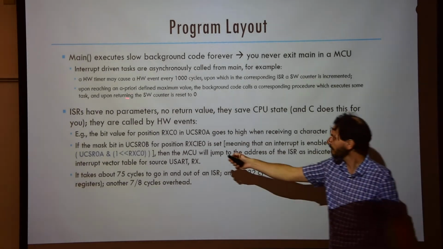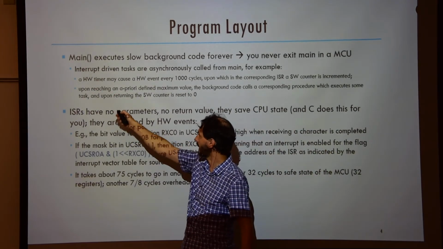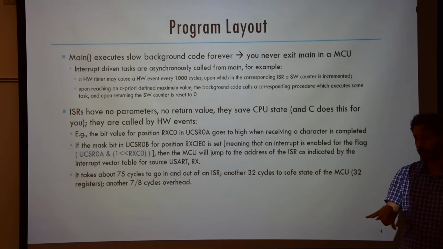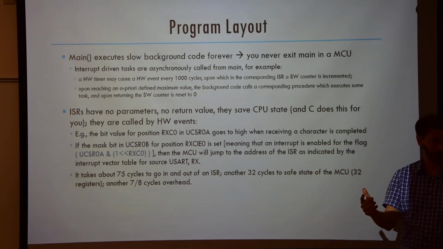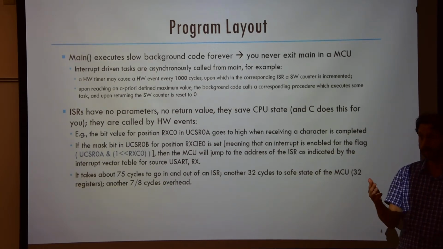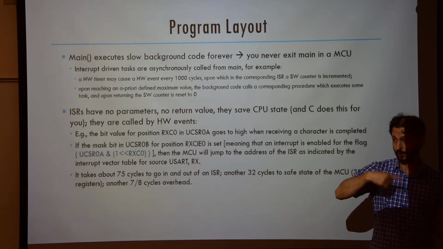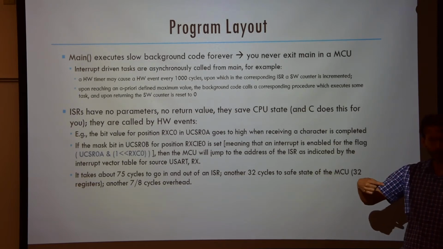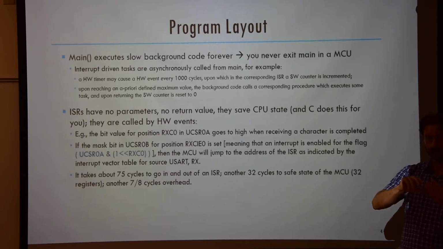Here's an example. Take a hardware timer that you have in your MCU. We've been talking about timer 0, timer 1, timer 2. They clock at a certain speed, and they all have their own register with a counter that is being incremented.